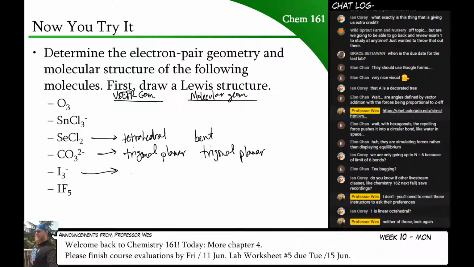I3 minus I have memorized. This is trigonal bipyramidal and linear. And I want to say IF5 is square pyramidal and octahedral. Other way around, but let me count real quick. 42, 8, 16, 32, 40. Yeah, okay. So this is octahedral and square pyramidal.